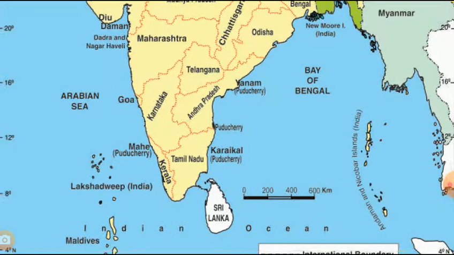Also, we have two union territories that lie in the water bodies nearby India. On the east side, we are having Andaman Nicobar Island, that is also a union territory governed by the central government of India. Lakshadweep, just near to Kerala, on the southwest side.